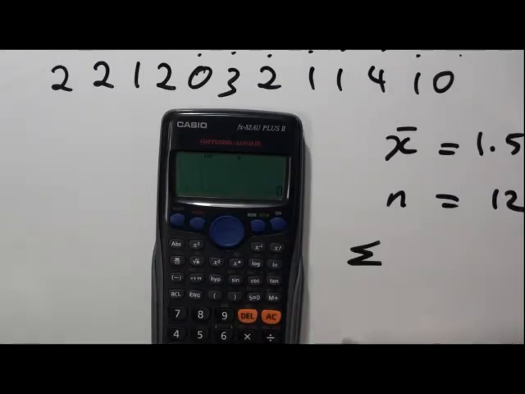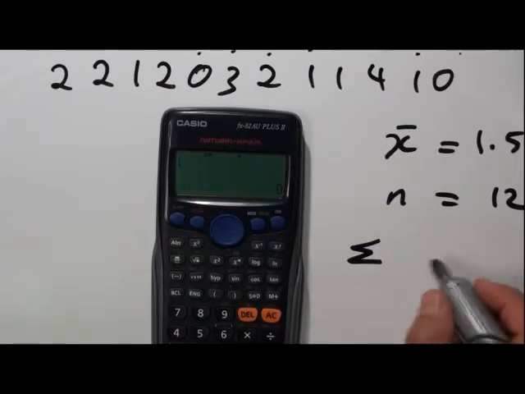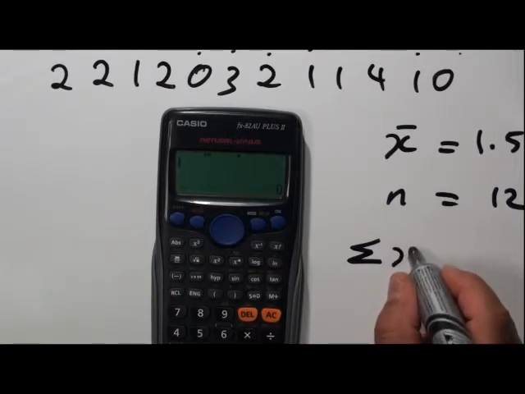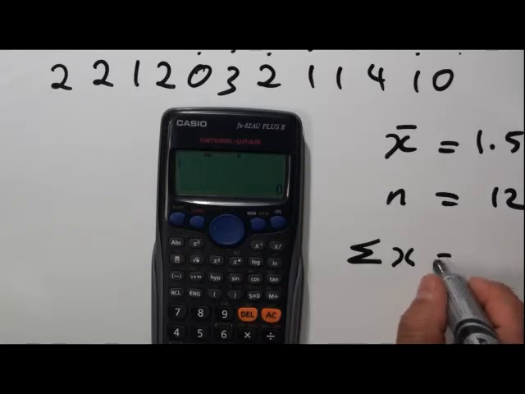This symbol is the symbol for addition, the sum. It looks like the letter E, and we're summing all our scores together.